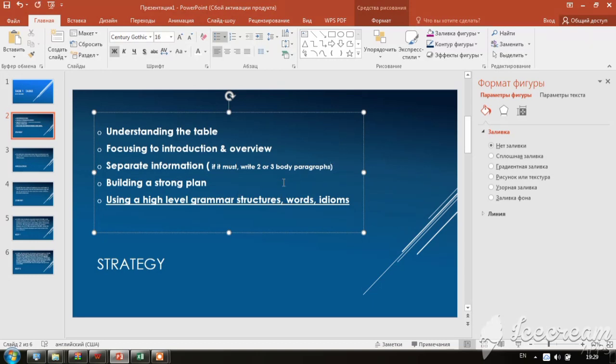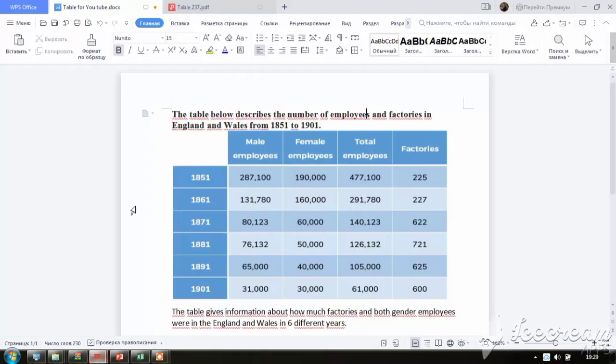And how we separate information is, let's do our task and table. You can see that in 1851, both male and female employees are high in these years.